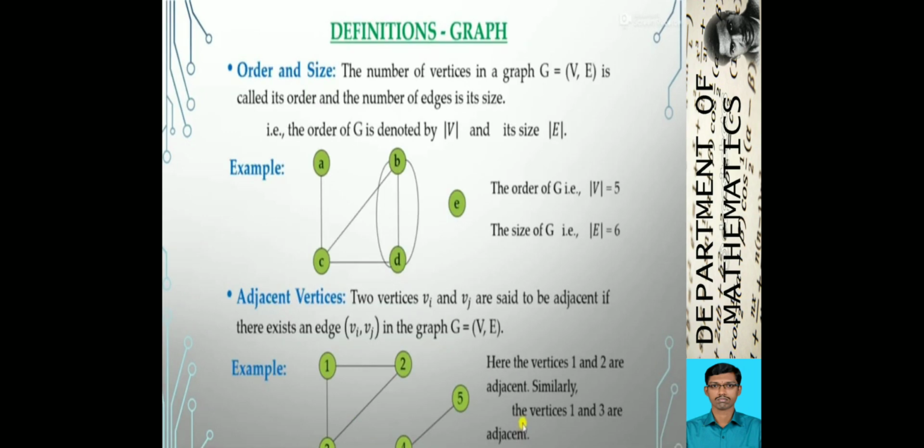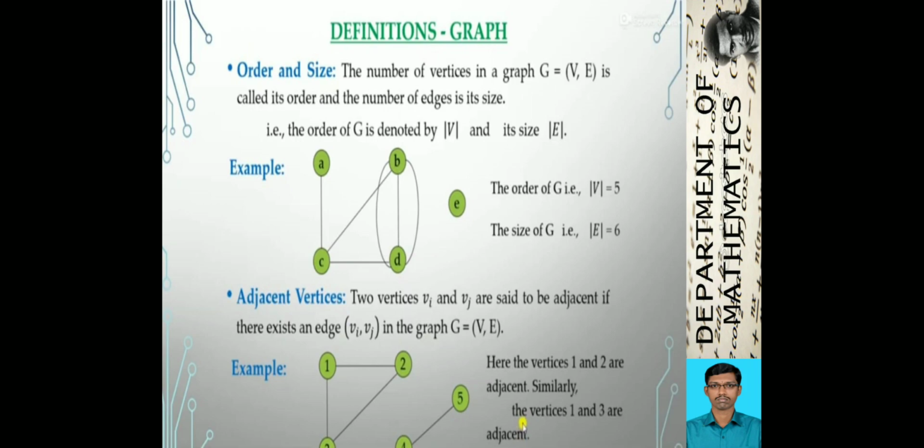Now, if we have any graph, what is the order and size of the graph? The number of vertices in a graph G is called its order, and the number of edges is its size.